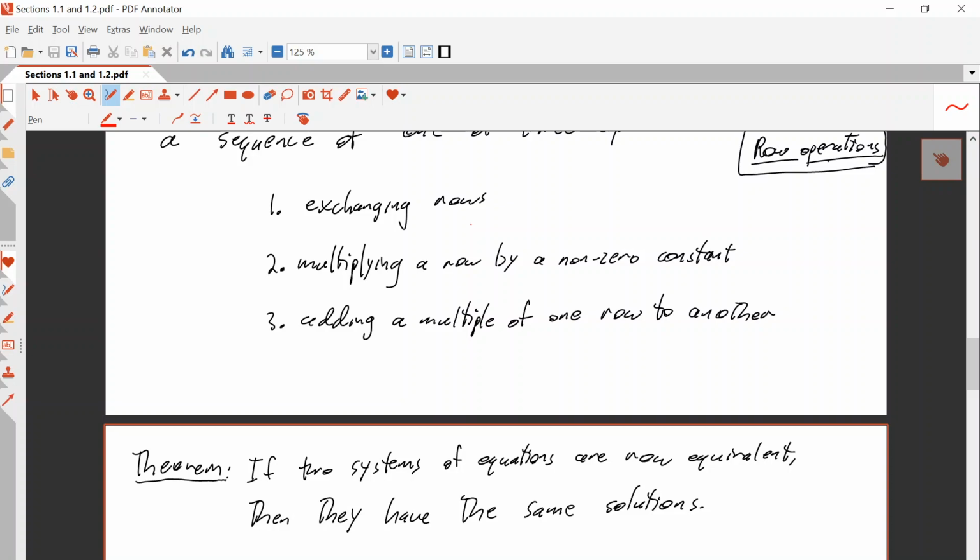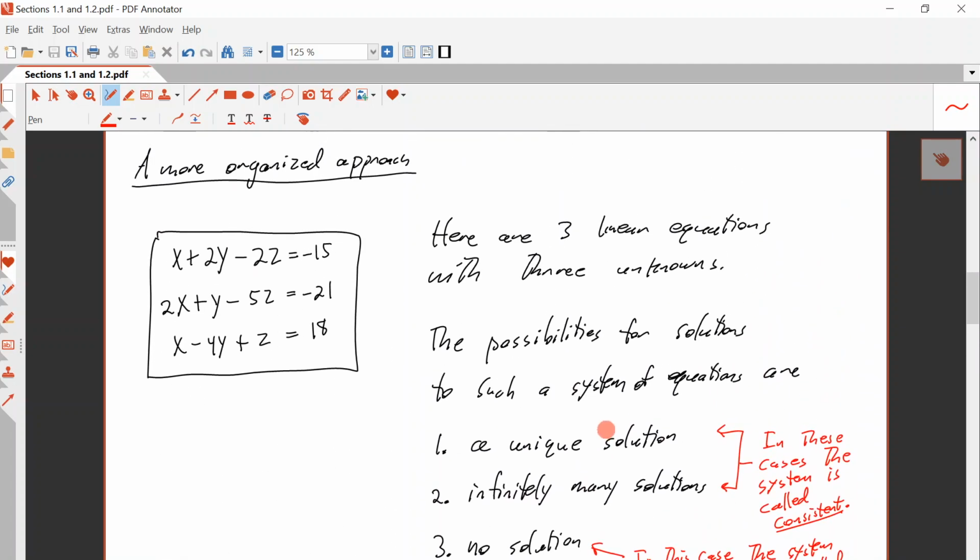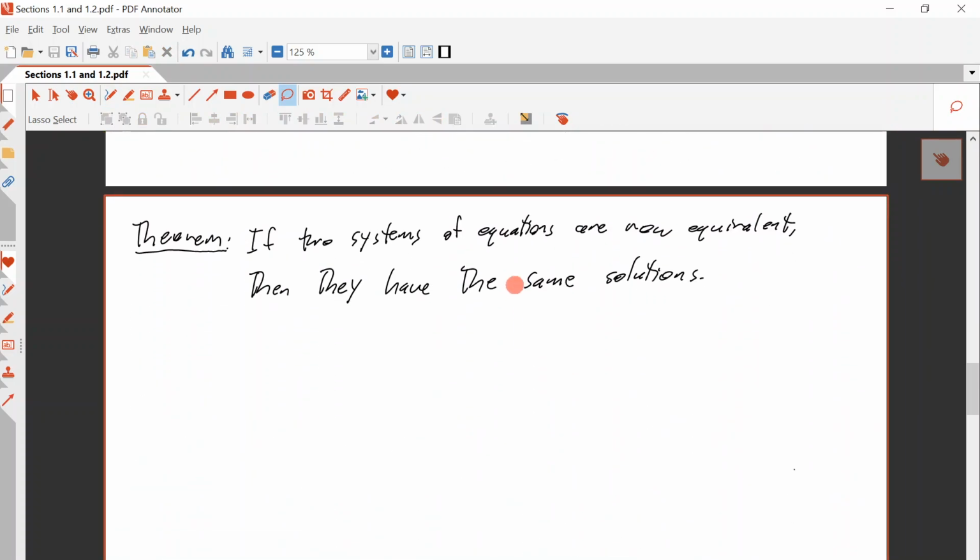So we won't prove this theorem just yet, although it'll become apparent that it's true as we go along. All right, so let's go back to that example that we had here, and I'll show you how to apply these row operations.